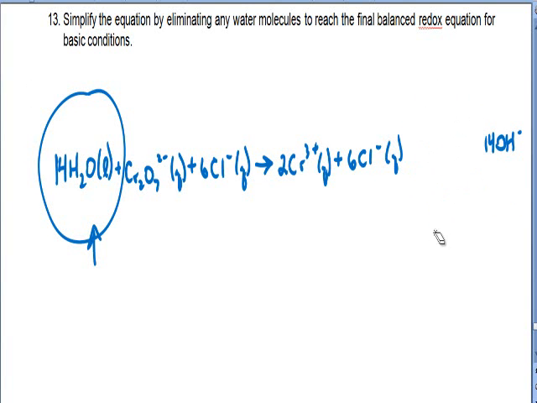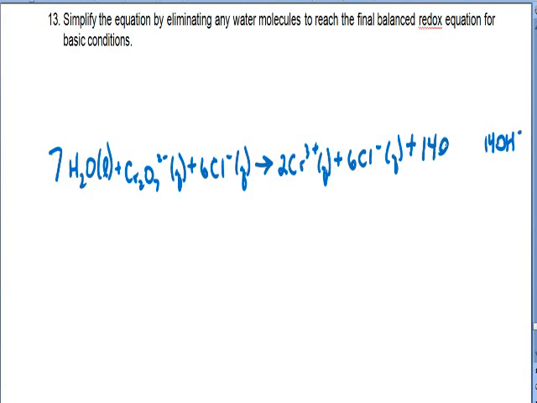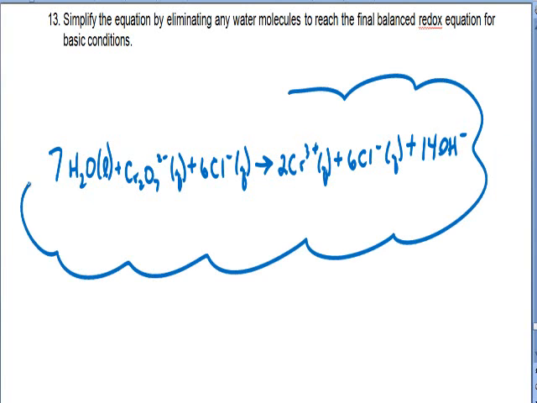On the left side, it can be changed from 14 water molecules to 7. This would now be our balanced equation for basic conditions, where we've gone through acidic and then added on 2 more additional steps at the end to balance the equation for basic conditions.